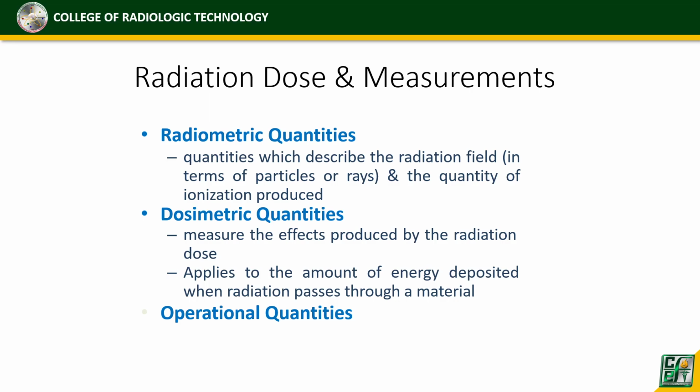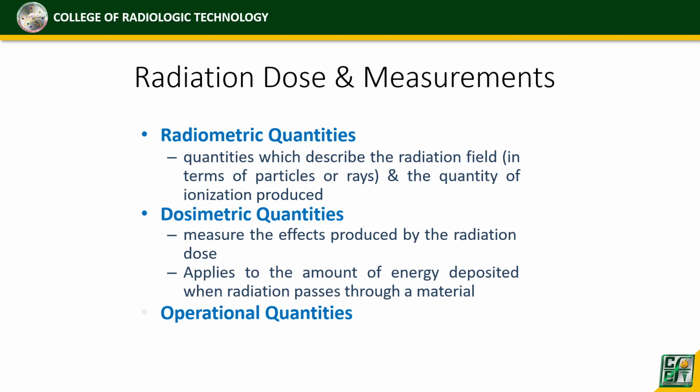So dosimetric quantities are measurements of the effects produced by radiation dose. Okay, and it also applies to the amount of energy deposited when radiation passes through a specific material. Okay? So yan yung types of quantities.